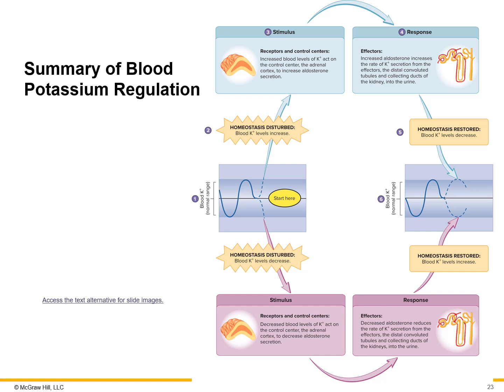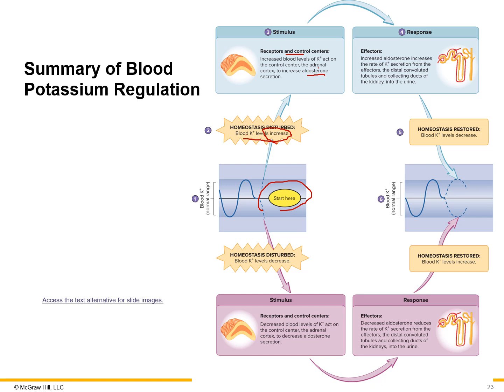All right, so if we look at our potassium regulation, if we're here at the beginning and everything is normal, now if something happens and our homeostasis is disturbed and our potassium levels become too high, that's going to activate receptors and control centers that are going to act on the adrenal cortex that increases aldosterone secretion.